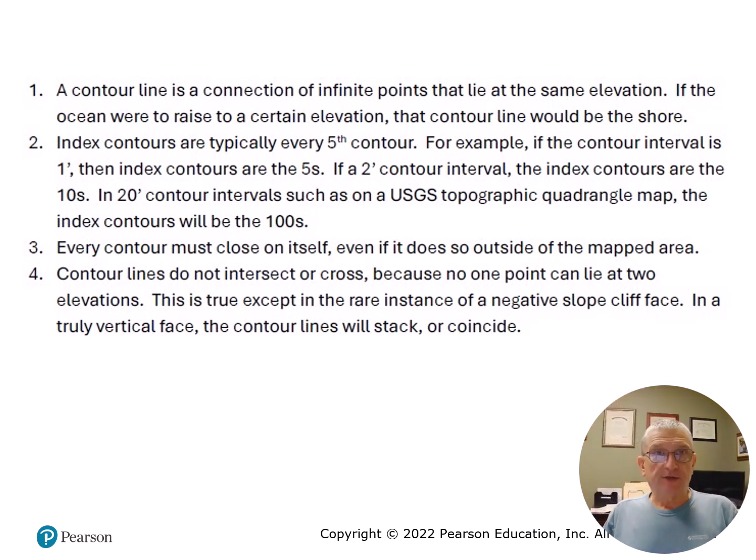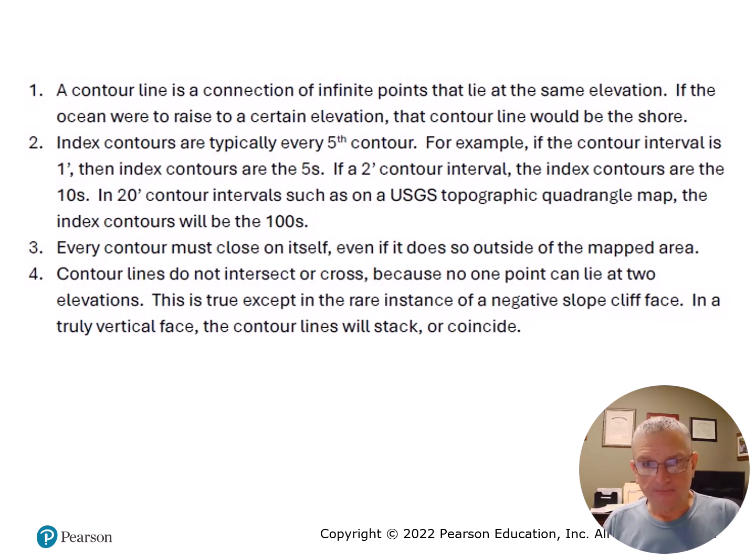Contour maps are drawn to different intervals. Those contour intervals vary according to the purpose. When we first look at a contour map, we will typically see that every 5th contour is an index contour, and it will usually be darker or a different color or somehow set apart from the other 4 intermediate contours.